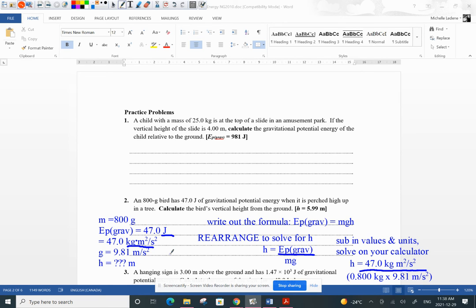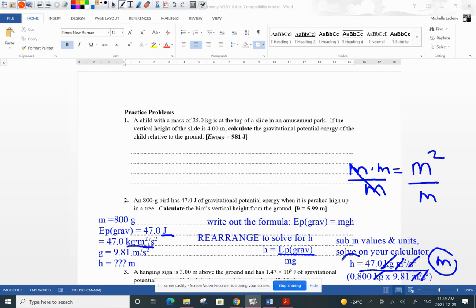And you can see that once you do that, now you can cancel out kilograms, seconds squared cancel out, and then you've got meters squared divided by meters. Remember, meters squared is the same as meters times meters divided by meters. So one of them cancels, and what are we left with? We're left with units of meters, and that makes sense for height, right? Height in meters, fantastic. That's what we wanted to get.